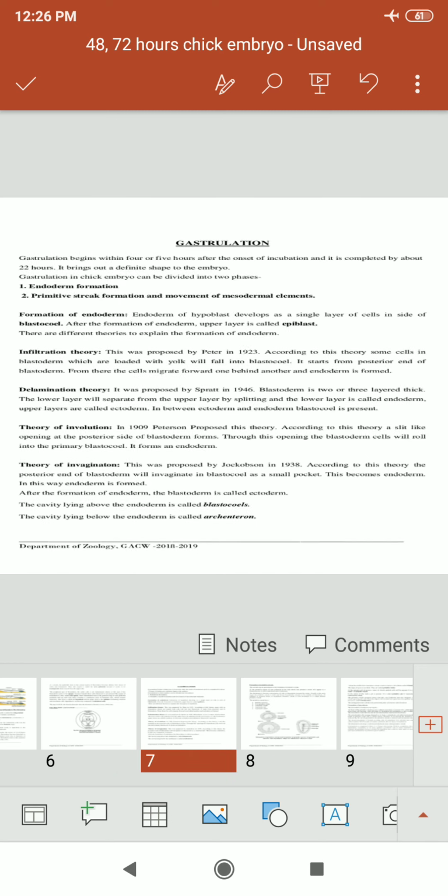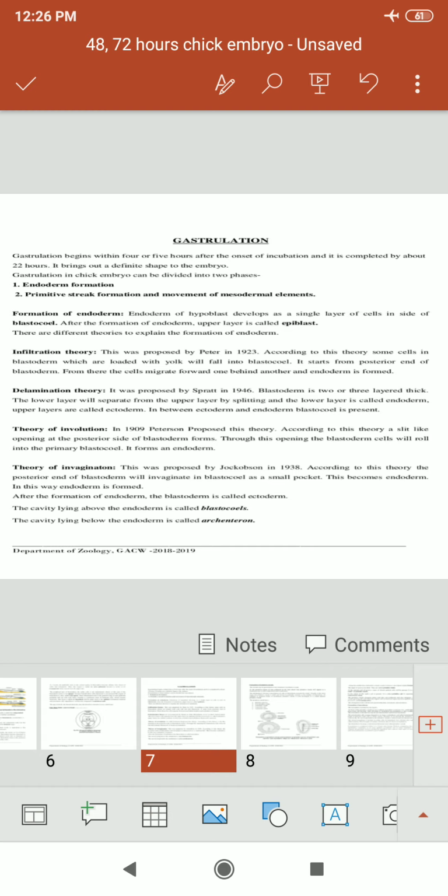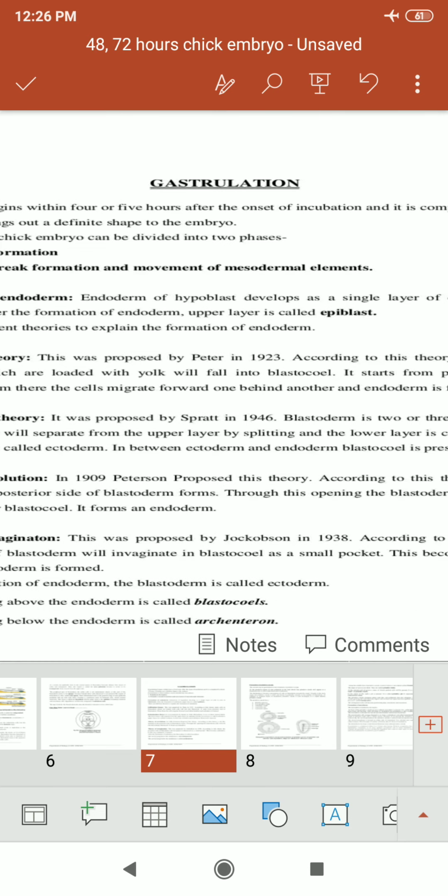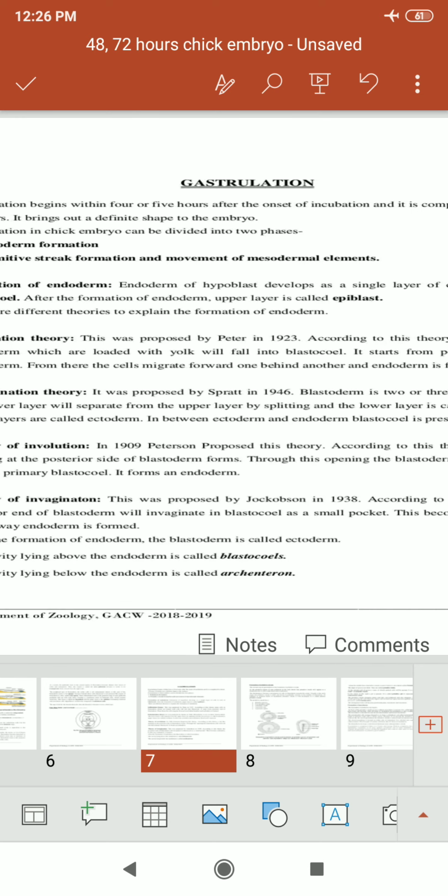So you can see this gastrulation. Basically, gastrulation is also important. Gastrulation begins 4 to 5 hours after the onset of incubation, and it is completed by 22 hours in the chick embryo.